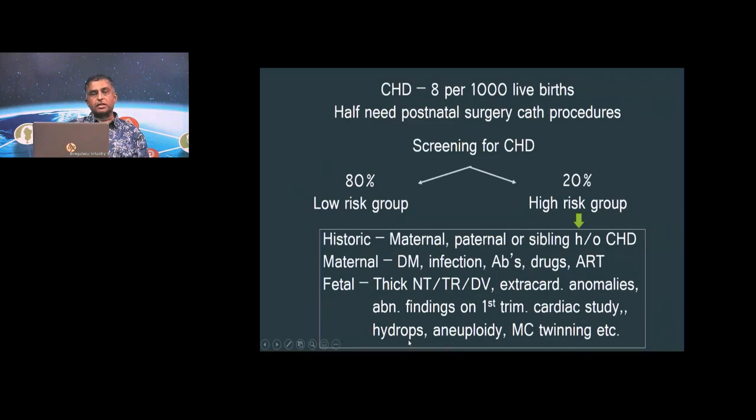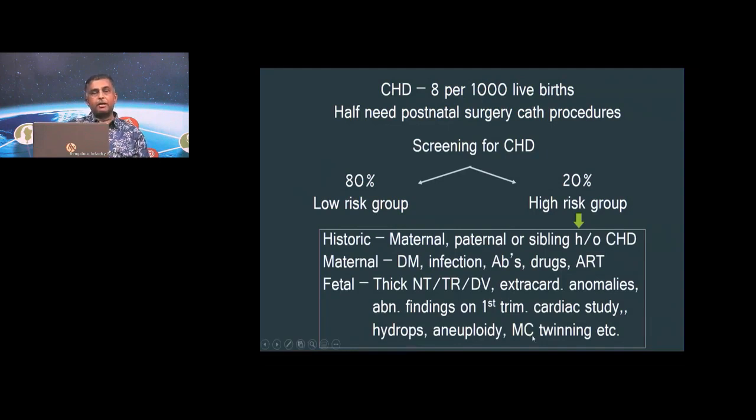A hydropic fetus is also a fetus which can potentially have a cardiac anomaly. Aneuploid fetuses: you've done an aneuploidy screen, you've got a screen positive case, you've done invasive testing and the karyotype reveals an abnormal karyotype, and that fetus should receive a good fetal cardiac study, because aneuploid fetuses do have a high incidence of CHD.